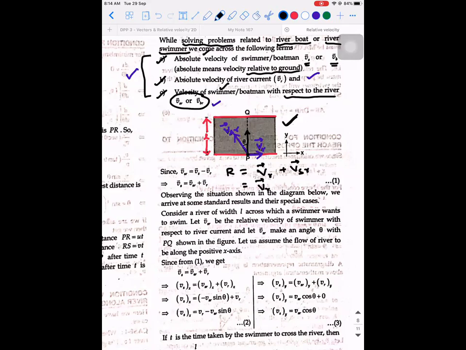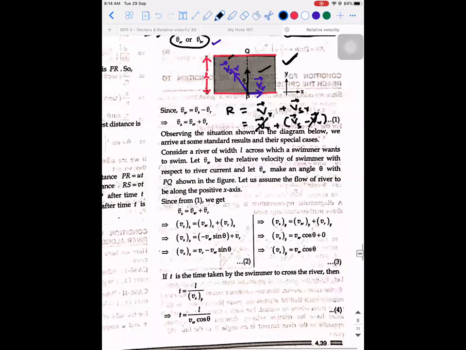It is VR vector plus VSR, velocity of swimmer minus velocity of river vector. So this and this will get cancelled. So what is the resultant? The resultant will give you the velocity of the swimmer. Means if you need to attain the final velocity of the swimmer, what is supposed to happen? You need to have the velocity of the river and the velocity of the swimmer with respect to the river. Is that clear, guys? So that's what I've written here.